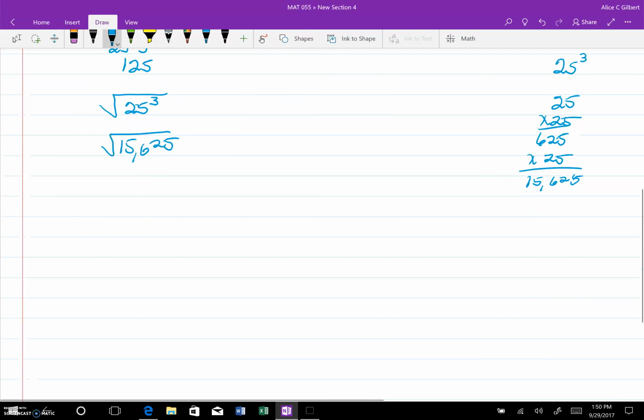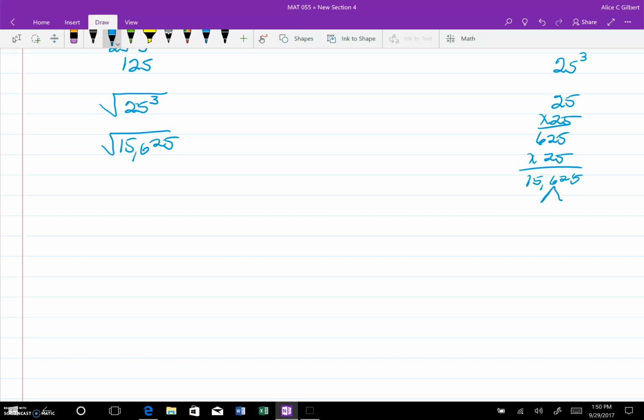So now I have the square root of 15,625, and now I need to do my prime factorization. So 1 and 5 is 6, and 6 is 12, and 12, 13, 14, and 5 is 19. So 3 won't go into it, but I know 5 will because it ends in 5. So divide by 5. 3125 divide by 5, divide by 5.